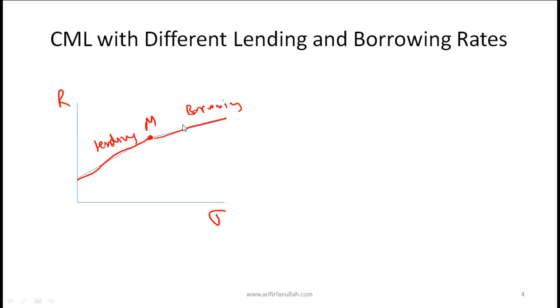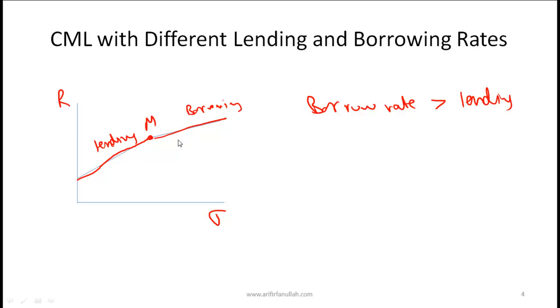Now typically our borrowing rate will be higher, so typically our borrowing rate will be greater than the lending rate. So since our borrowing rate is higher, the slope of the CML after the market portfolio, which means in the borrowing region, is going to be lower than the slope to the left of the market portfolio.